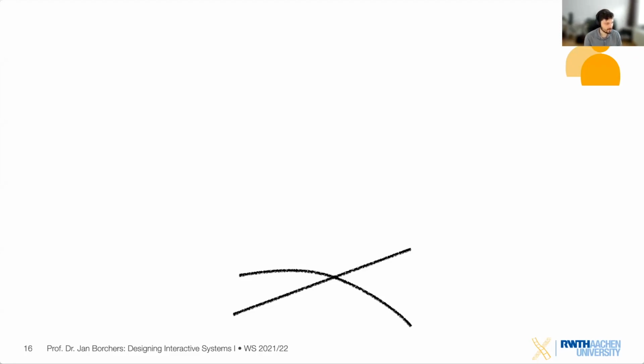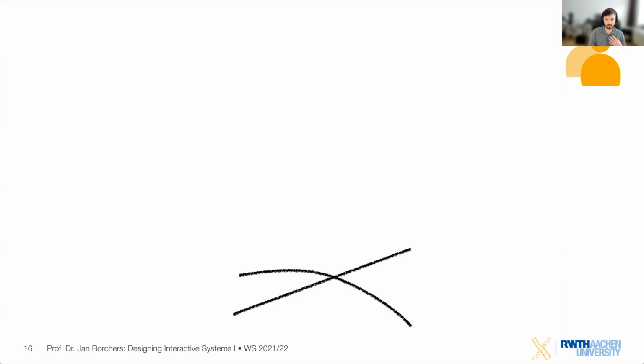Does someone want to explain what we see here? Yeah, Janosch? I would say we have one diagonal line with another kind of crossing curved line over it or through it. Exactly. And again, here you see how we group things together.